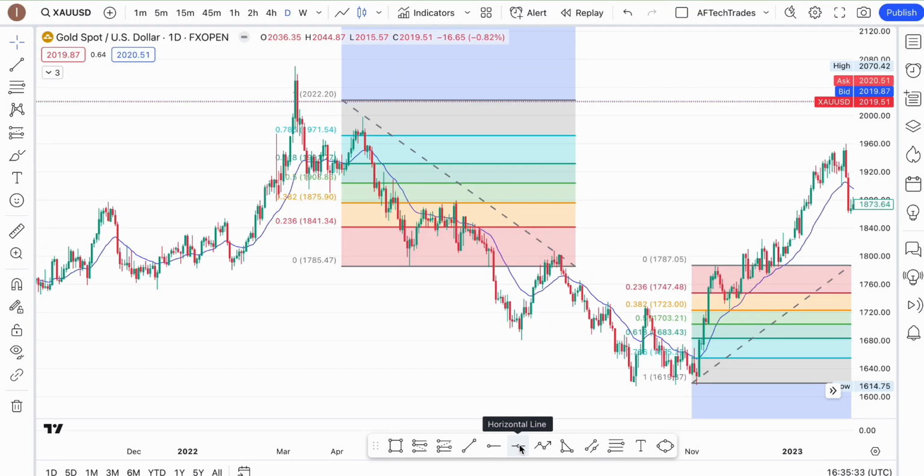Another key takeaway is that after plotting your Fibonacci on a higher time frame, always go down to a lower time frame, analyze there again for entry positions.